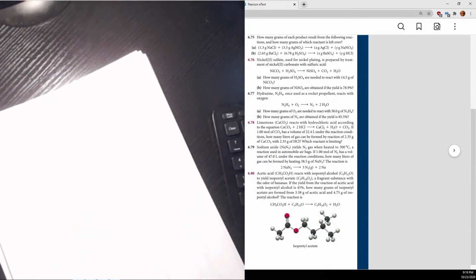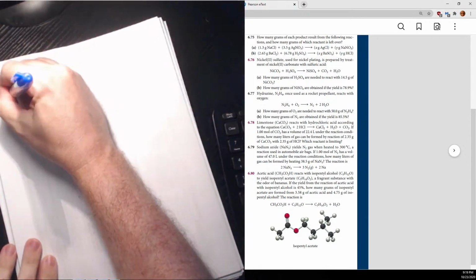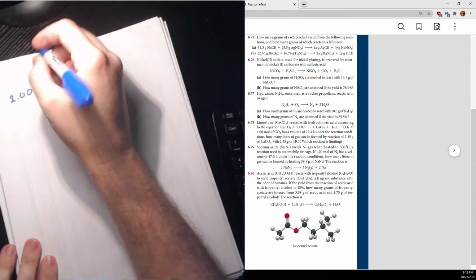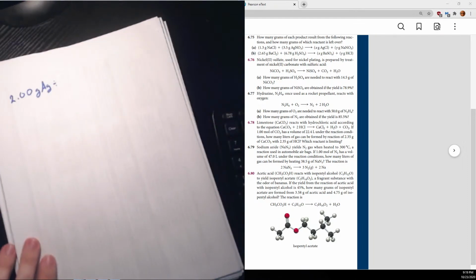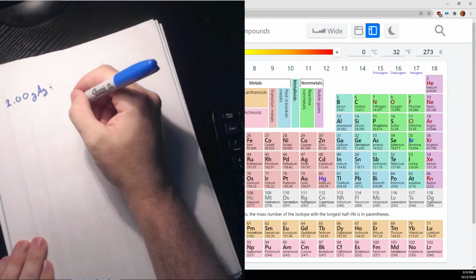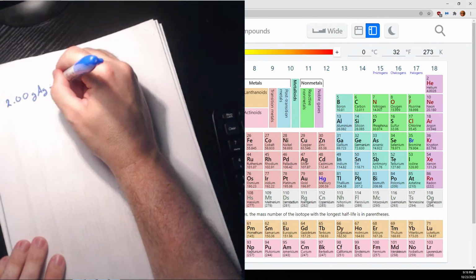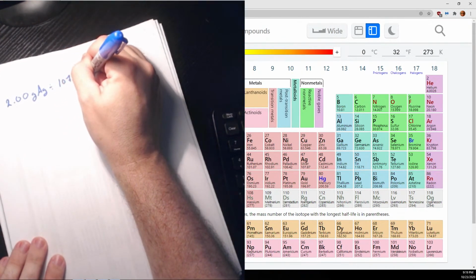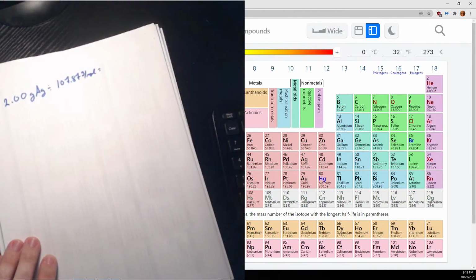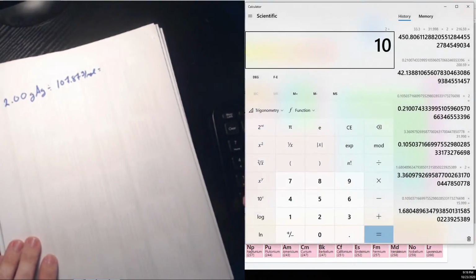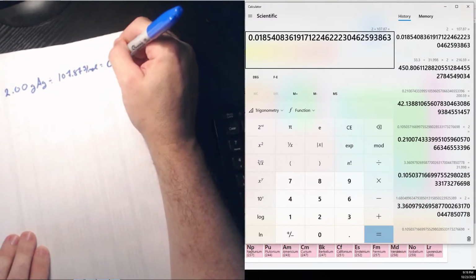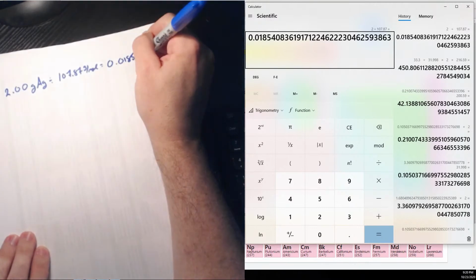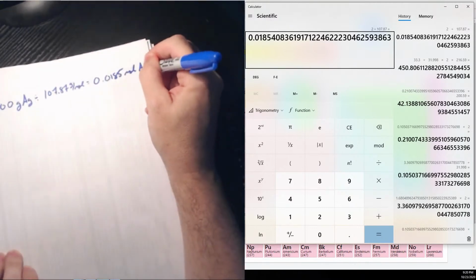So, 2 grams of silver converts to how many moles? Nope, 107.87. It better come out 1 to 1. 0.0185 moles of silver.